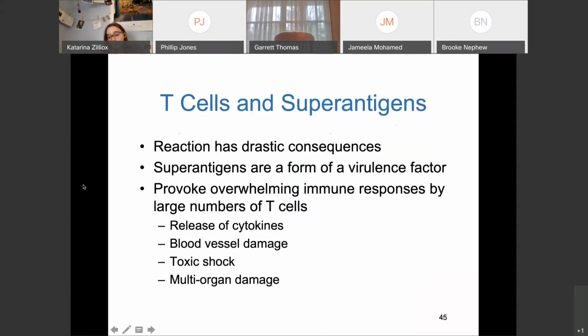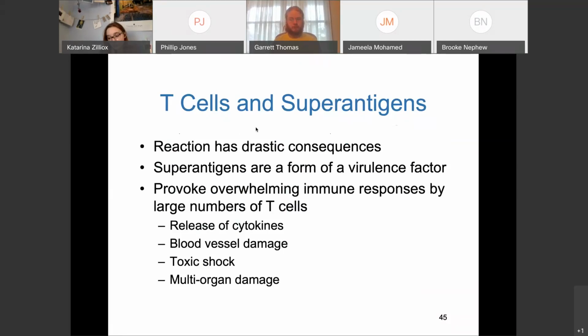So it's a reaction that has drastic consequences. If you know anyone who has a type 4 sensitivity, has anyone here had poison ivy or anything like that? Any of these type 4 hypersensitivities are T cells. Types 1, 2, and 3 are all B cell antibody related.